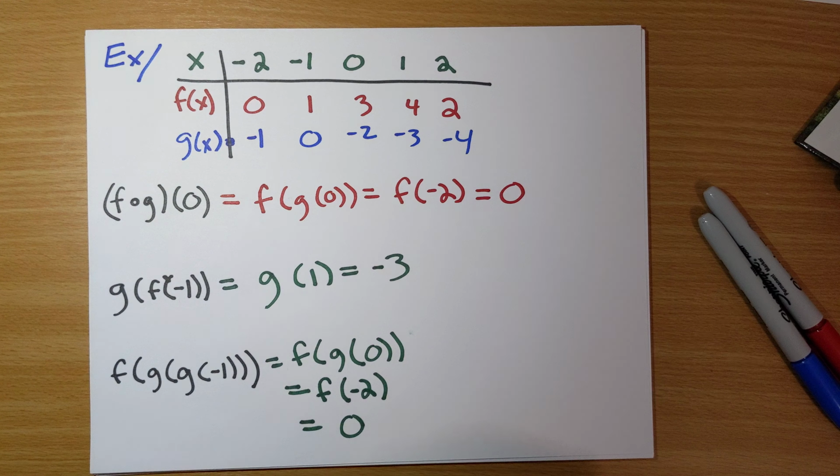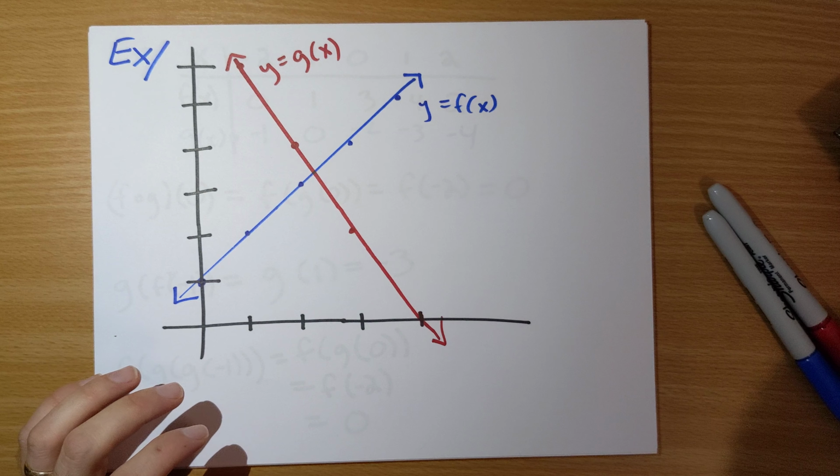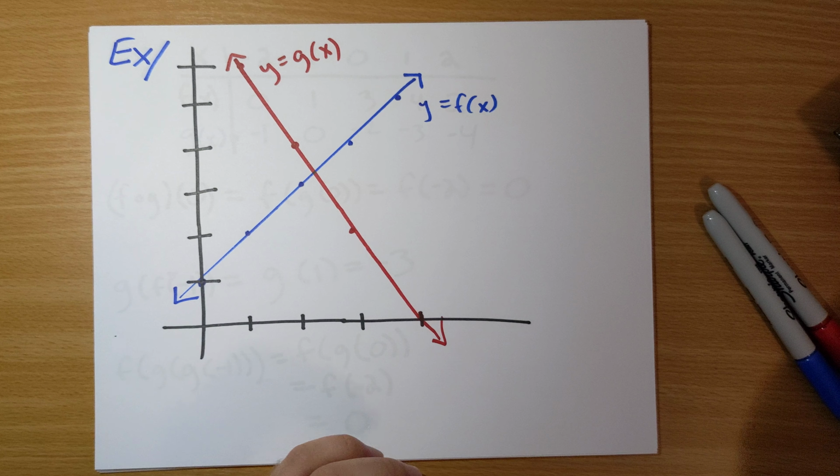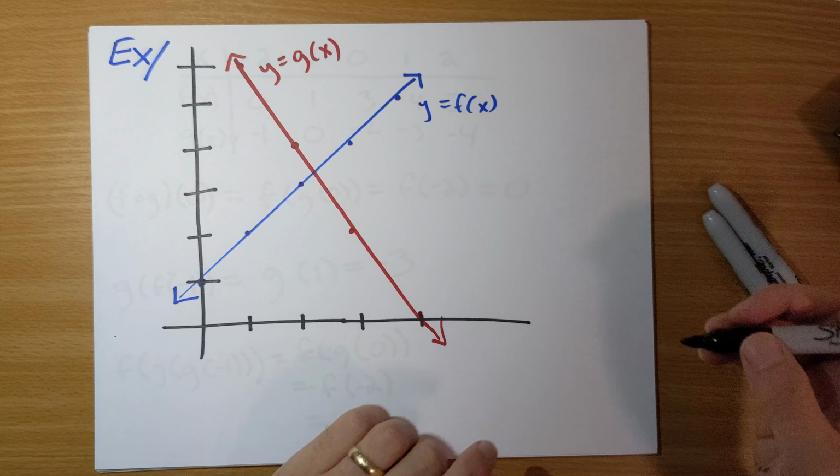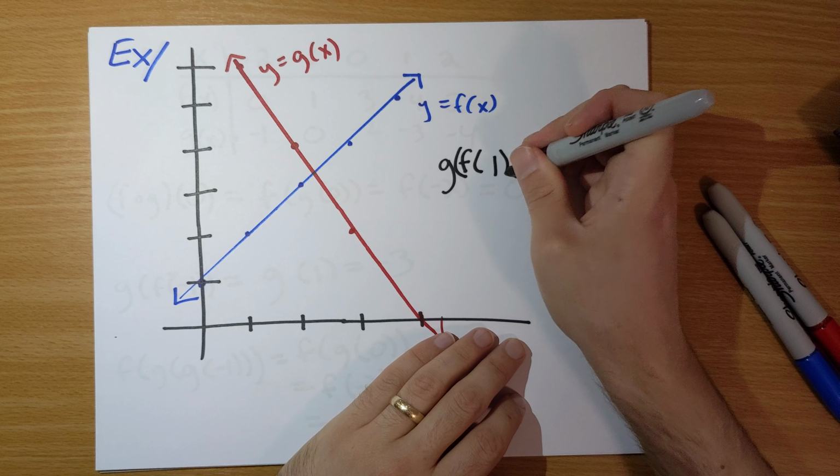The textbook's example right here makes it a little bit more interesting. I didn't want to draw those, but without further ado, let me say what question I am asking you. Let's suppose that I'm asking you what is g of f of 1.